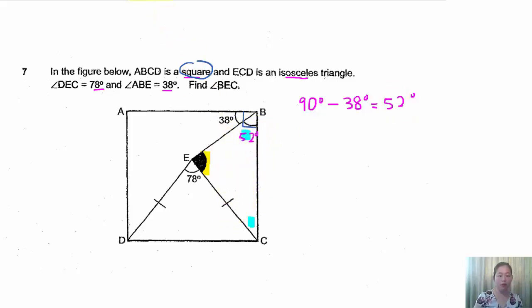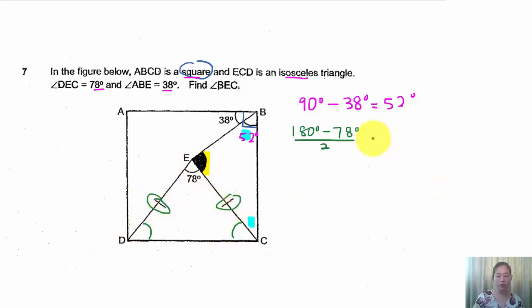Then we would like to take a look at here. So 180 degrees minus 78 degrees, divided by 2, will be the degree here and here, because this is angle sum of triangle and this is also an isosceles triangle.